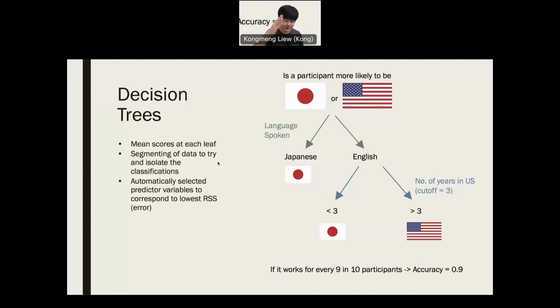Because you're splitting the data up every time you go along, you're just introducing a lot of bias into this kind of interpretive process. So for now, you might fit this model and it decides to look at language and number of years in the US. But the next model you fit might decide to look at things like personality, or the number of times they message a friend a month, or some random, different kind of variable.